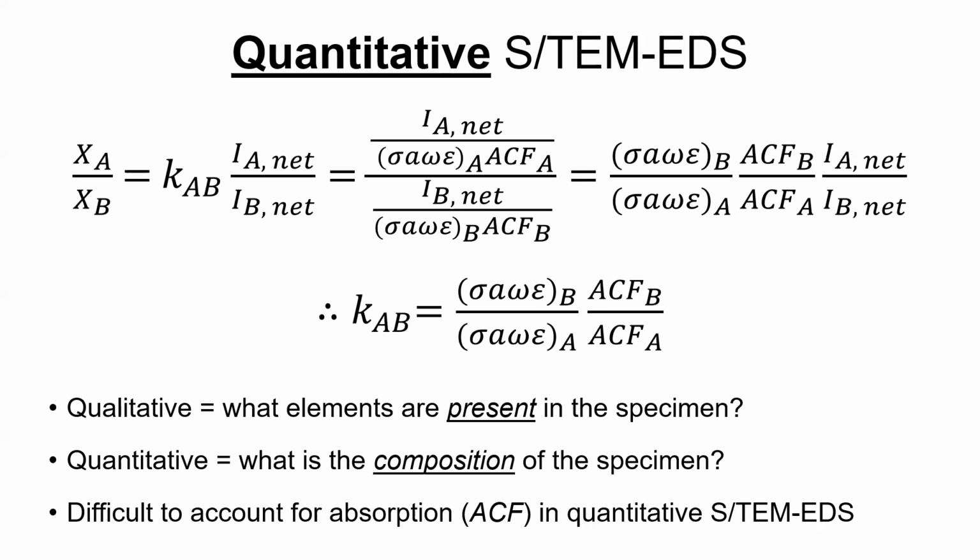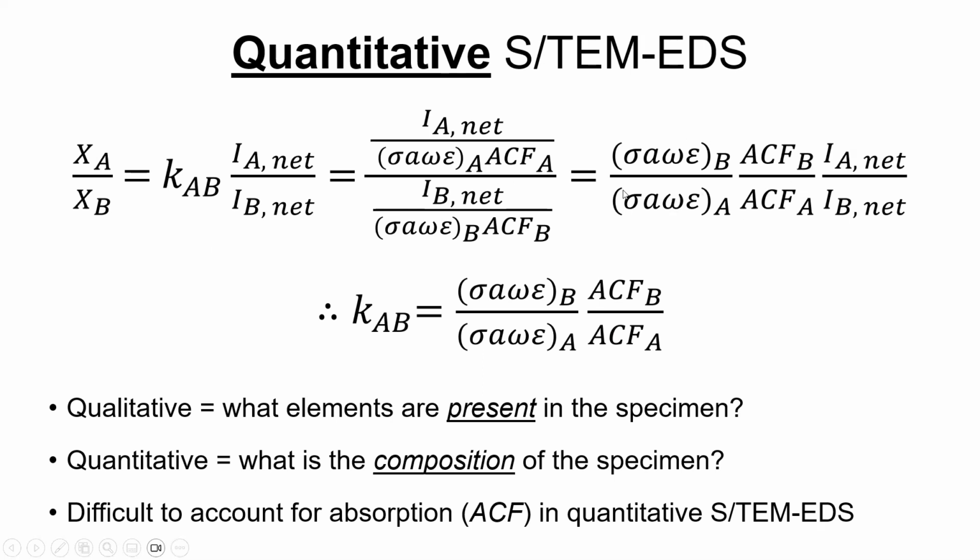We're going to go over what all of this means in a minute, specifically what net counts means. But before we get to that, if you take this sensitivity factor and decompose it, you have a component related to element A, which is the denominator that the counts for element A are being divided by, and a similar term for element B. This is what composes the sensitivity factor.